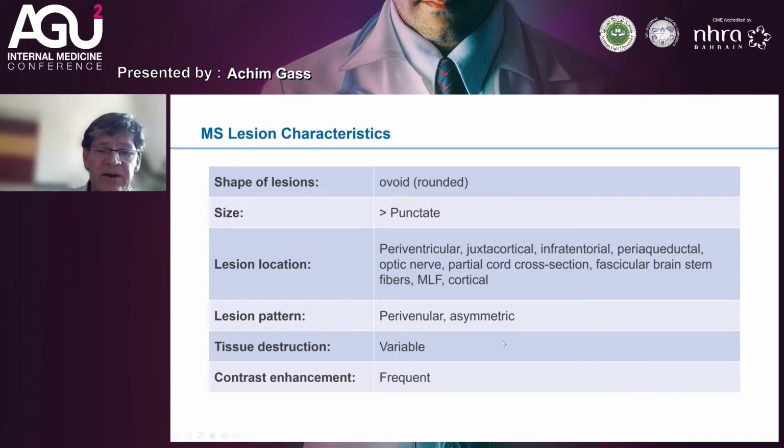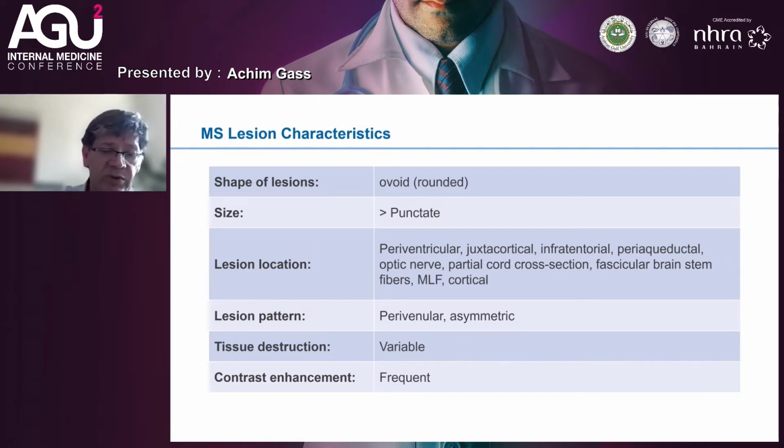Many times they are perivenular, and this can be seen on SWI images, and they are much more asymmetric than microangiopathy.